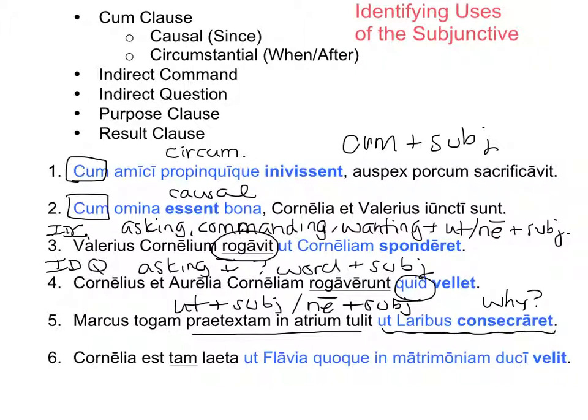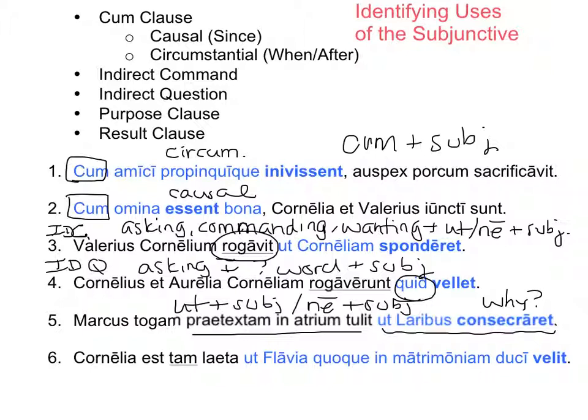When I come into the next sentence, though, I see that Cornelia is happy, but she's not just happy, she's so happy that Flavia quoque in matrimonium duci velit, that Flavia also wants to be led into marriage, to get married.